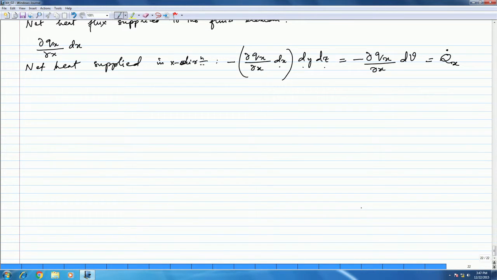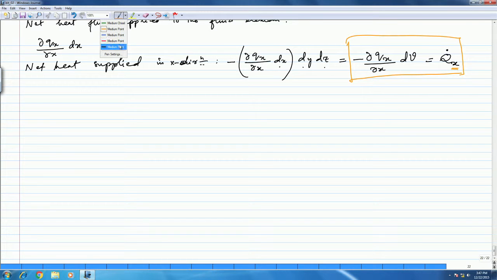Okay, so therefore, if I write this dV, this is in the x direction, as you can see, hence total supply. So I denote this with a subscript x, the q dot with a subscript x, and you have qx and del qx del x, okay, and dV is the volume of the fluid element, okay.